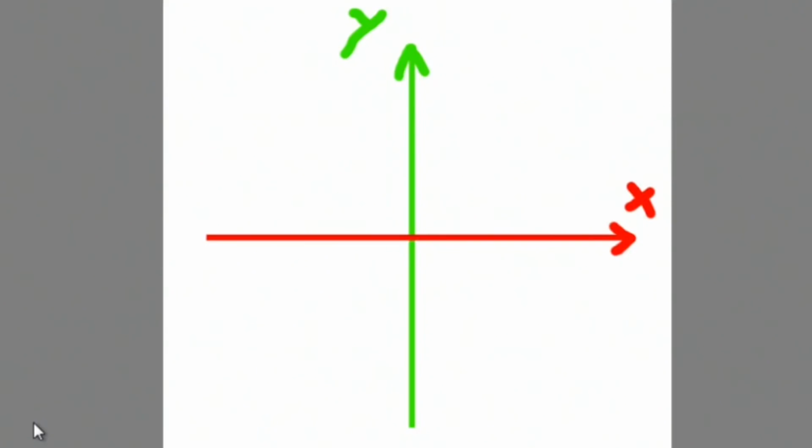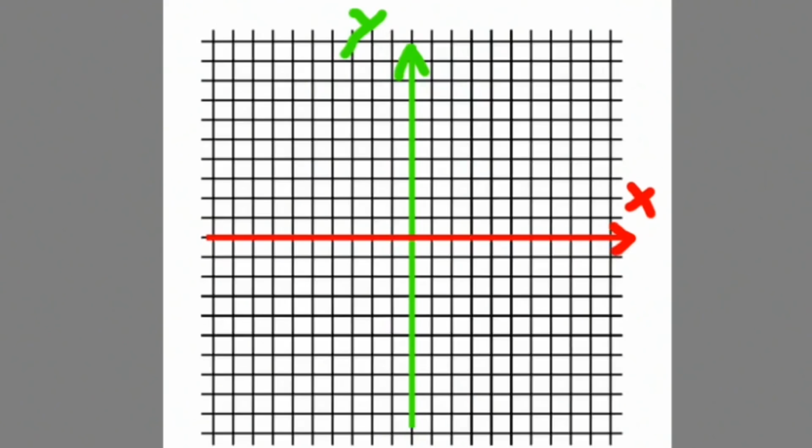So here I have an image of X and Y, and you can imagine these as number lines that you can count. If you give two numbers, an X number and a Y number, that'll give you a position, a point somewhere on this graph. I can turn that image on, and you can see that it makes a graph.